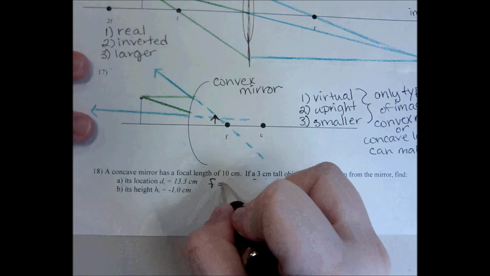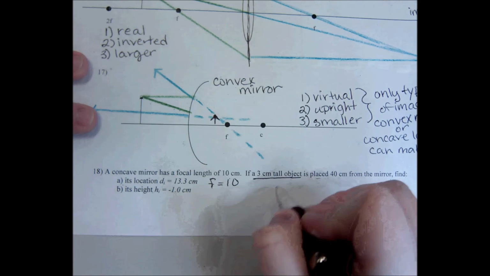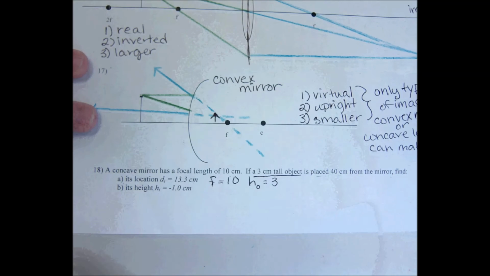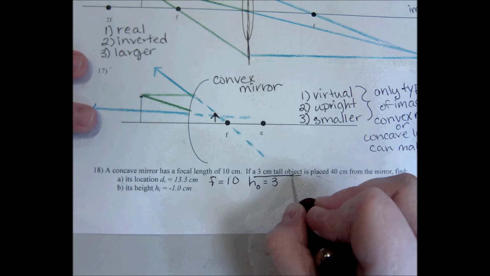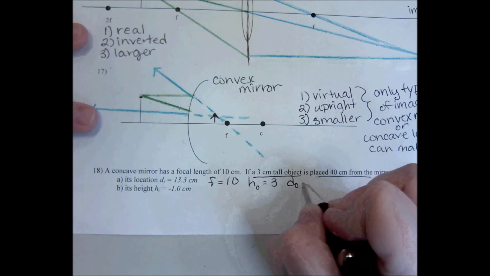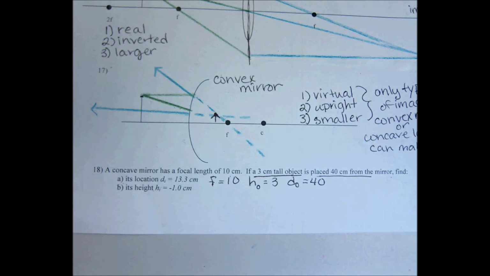Focal length equals 10. 3 centimeter tall object, so the height of the object is 3. The object is placed 40 centimeters from the mirror, so the distance of the object is 40. Now all of these are in centimeters, but we can leave them all in centimeters for this type of problem.